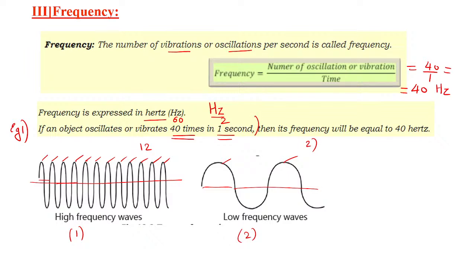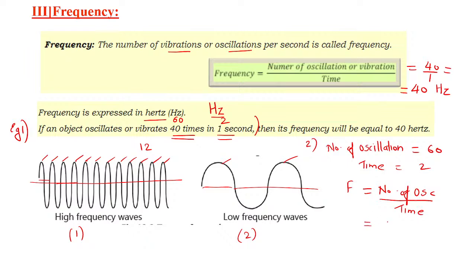In example 2, same statement: the number of oscillations is 60. What about the time? Time is 2 seconds. So the formula is frequency f is equal to number of oscillations or vibrations upon time, that is 60 divided by 2. So what will be the answer?